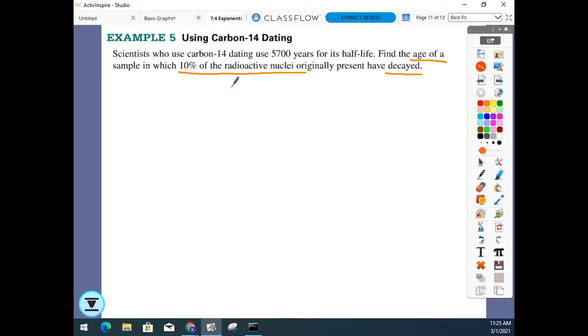So when we think back to the whole why, this whole general equation is, and we're going to do a little bit more with this, but remember, this is the amount, the final amount, the amount that's present in general.